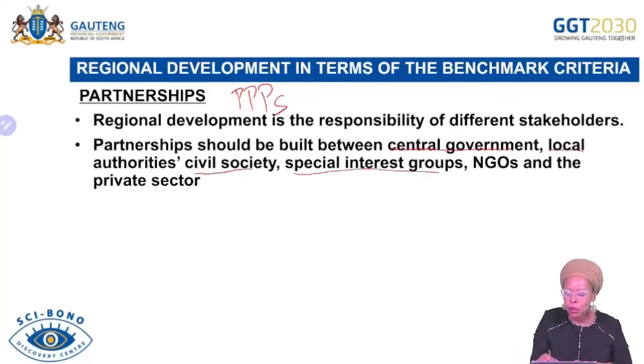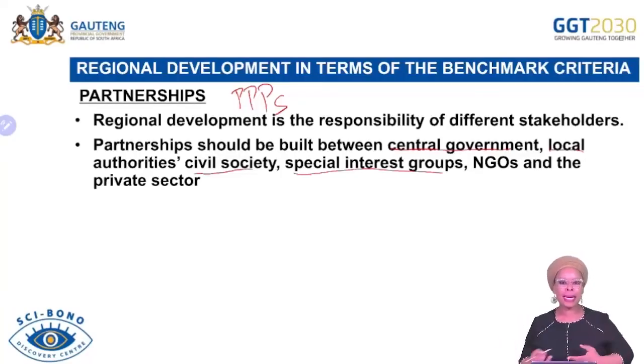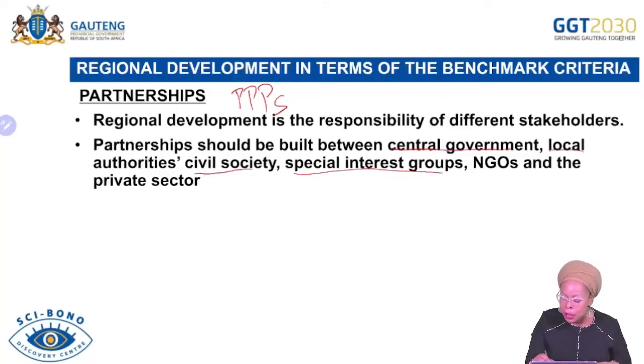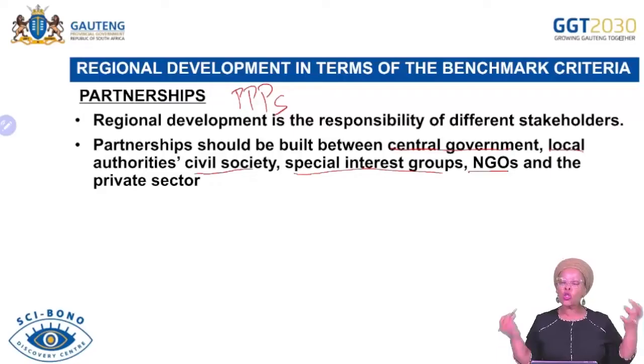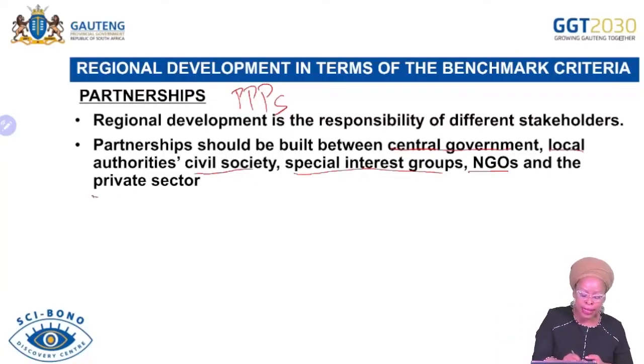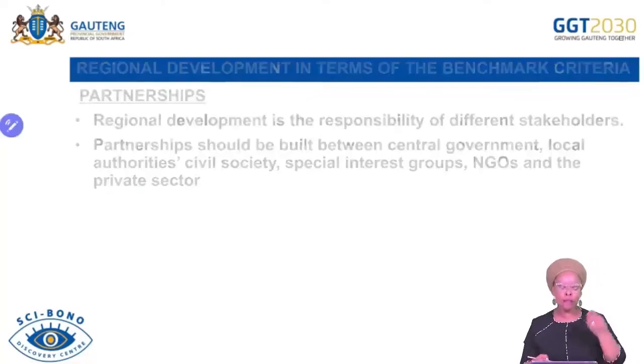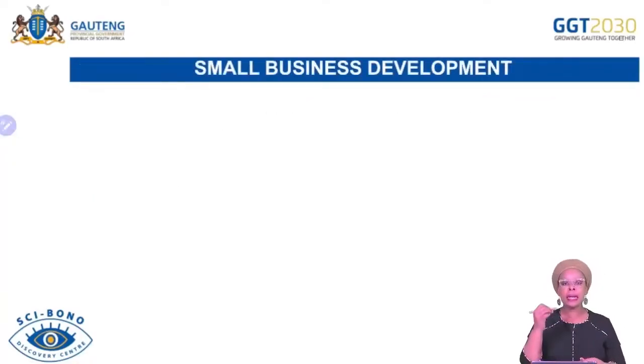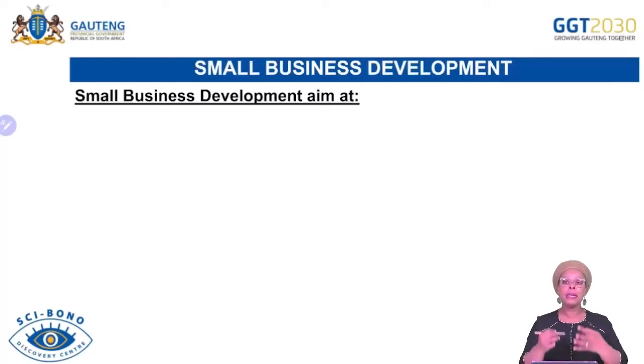Special interest groups such as labor union, such as organization of farmers, taxi owners, etc., should also form part of this partnership. Non-government organization also should form part of this partnership together with the private sector so that the aims of industrial development and regional development can be achieved.